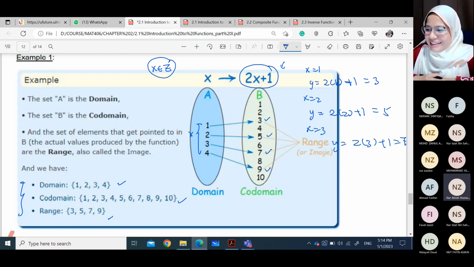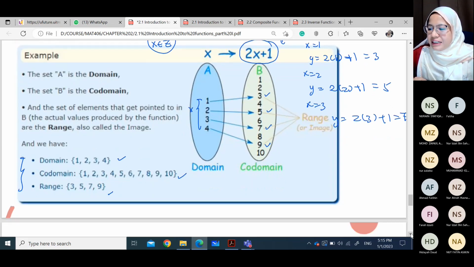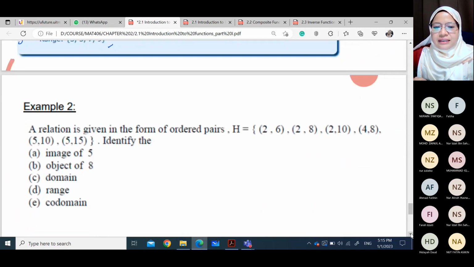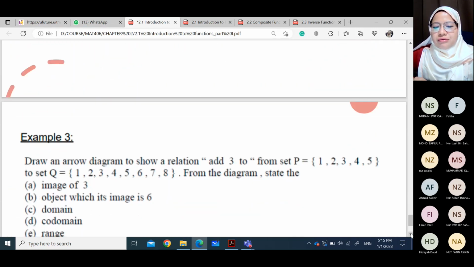Okay. Jelas Okay, Puan. Alright. Ada soalan lain? Tak ada. Okay. So kalau tak ada, kita example 5. Yang ni kita tinggal dulu.